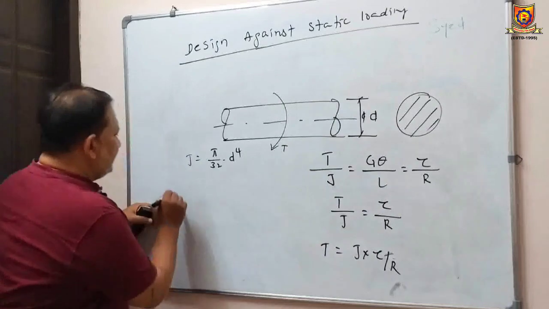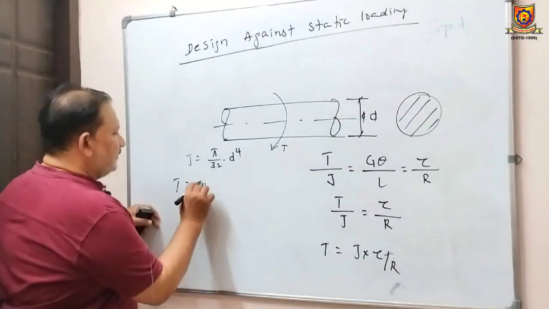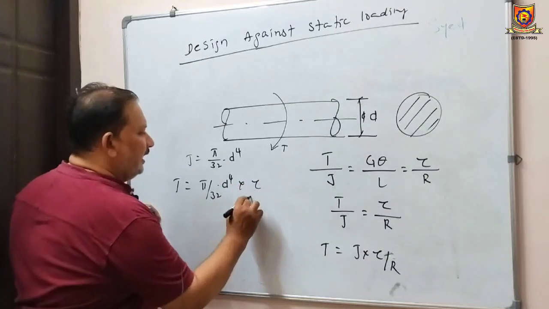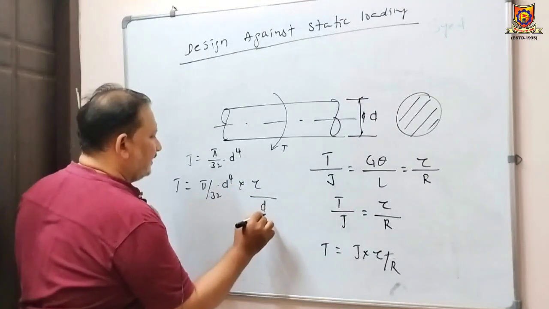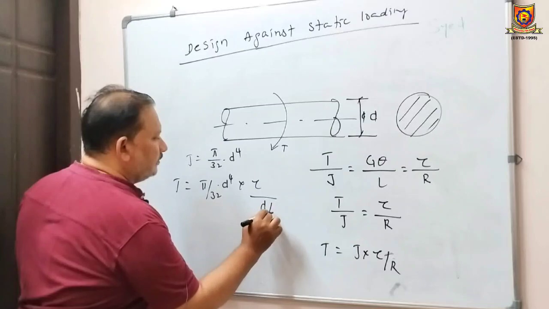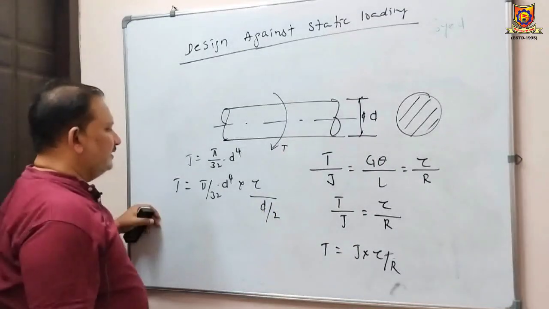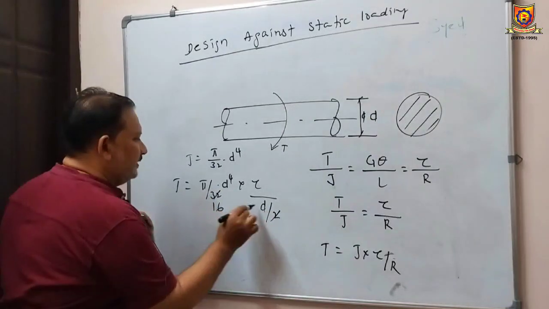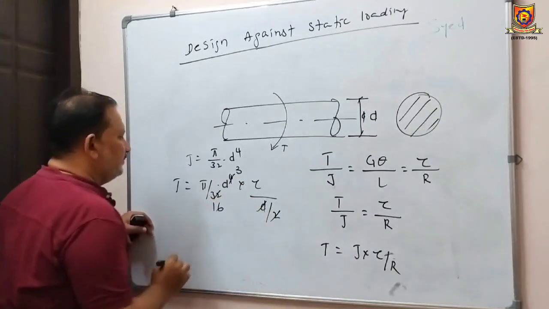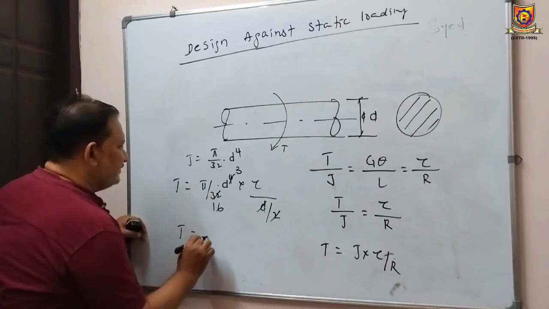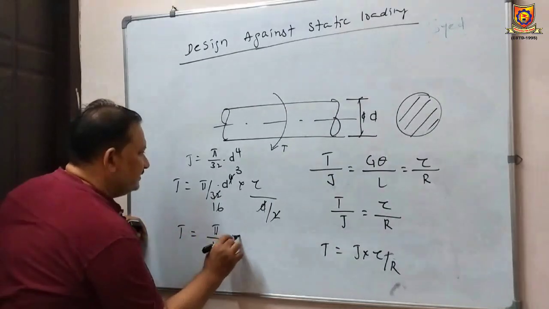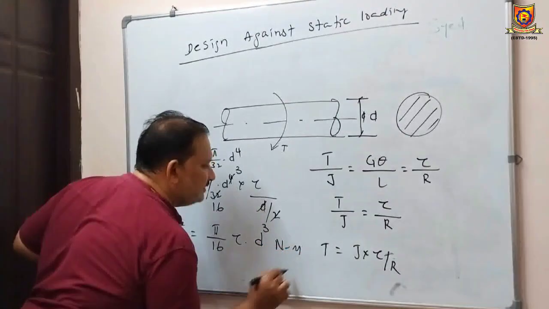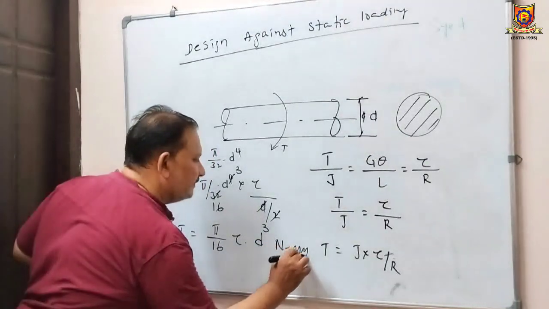So we can write T is equal to pi by 32 D power 4 into tau by D by 2. So it becomes 16, and this is D cubed. So T is equal to pi by 16 tau D cubed, in Newton meters or Newton millimeters.